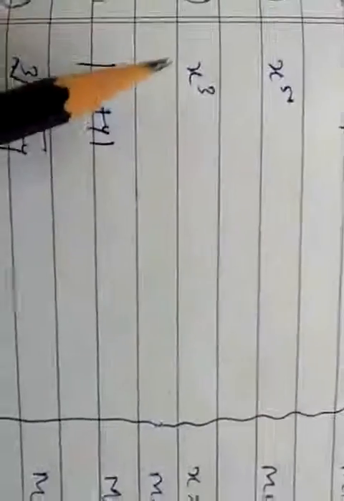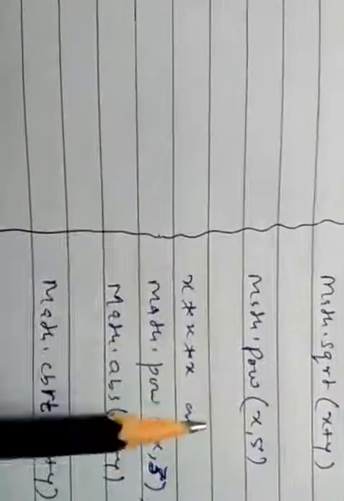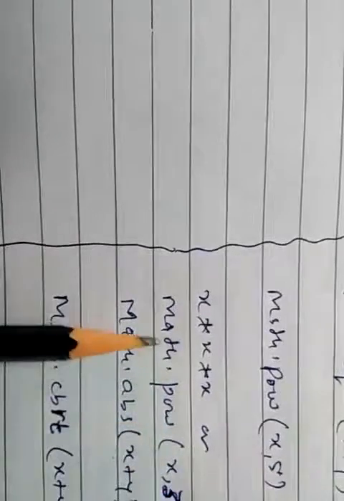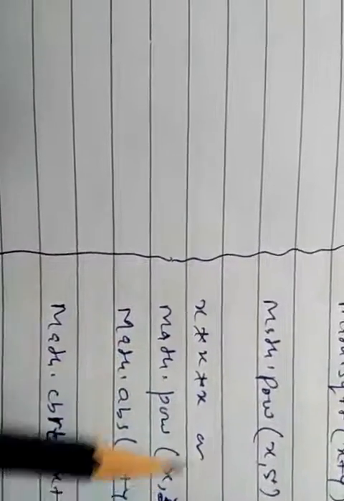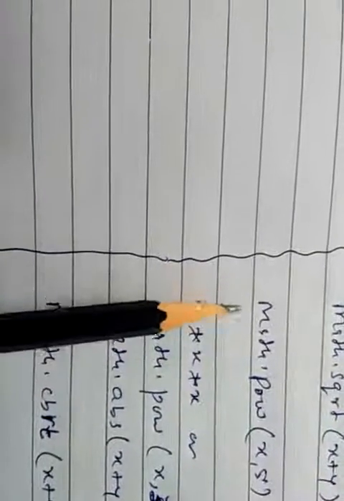Or suppose the power is x cube, then we can write x into x into x, or math.pow(x, 3). So up to power of 3 we can use the direct expression or the math.pow function. But for more than power of 3, definitely we will use the power function.